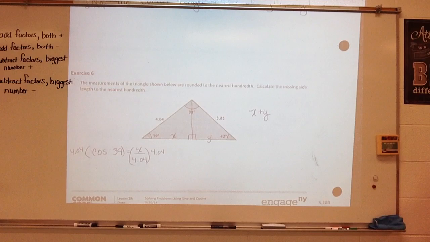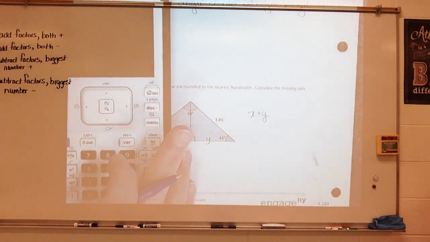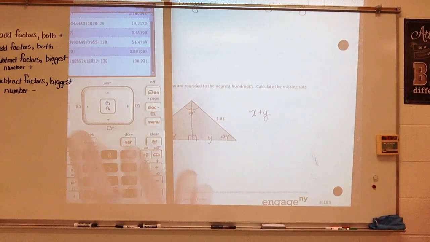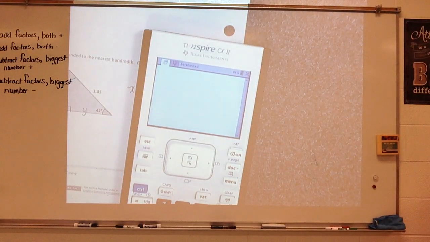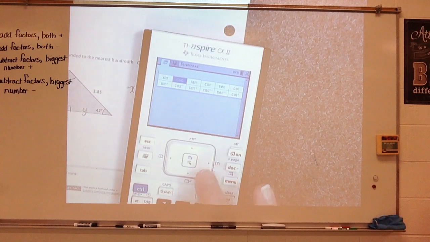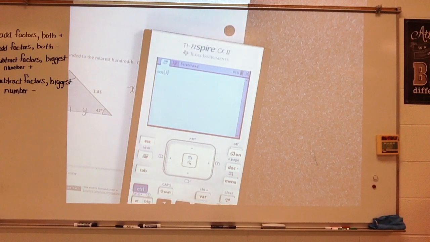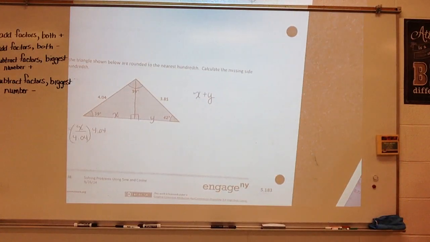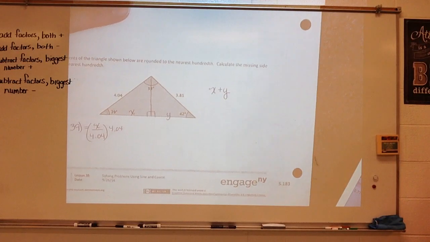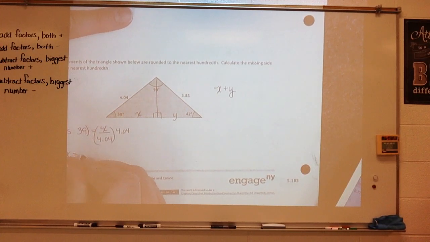So I got the cosine of a 39-degree angle, and I'm going to multiply that times 4.04, and I get approximately 3.13967. I'm going to leave that like that, 3.13967.